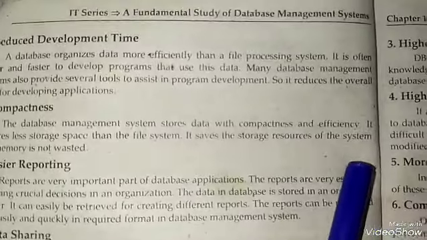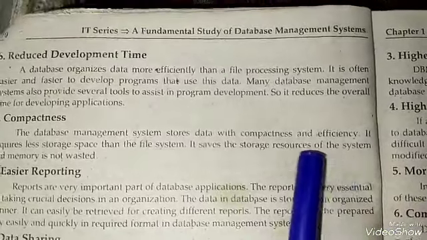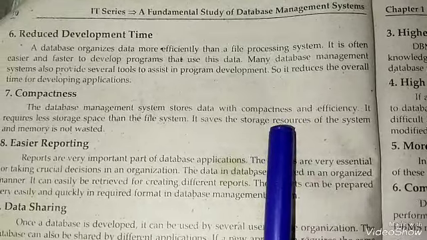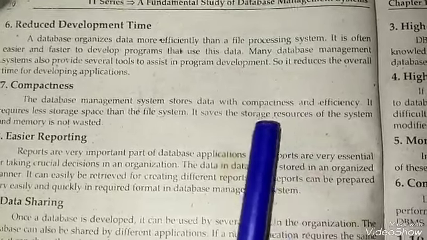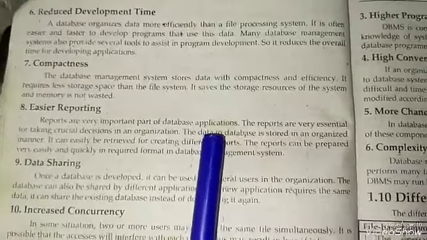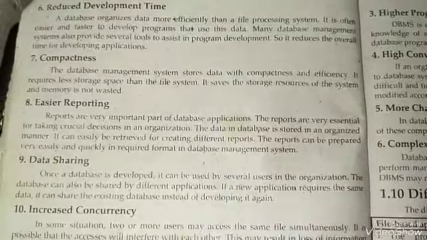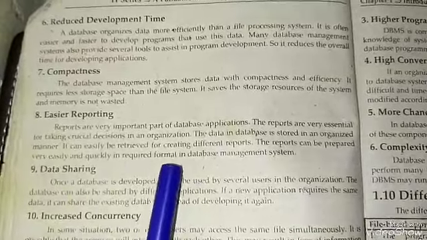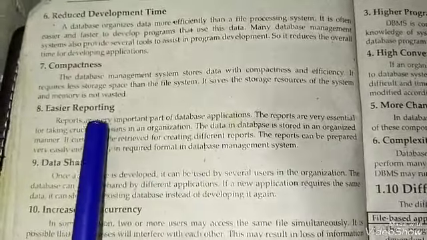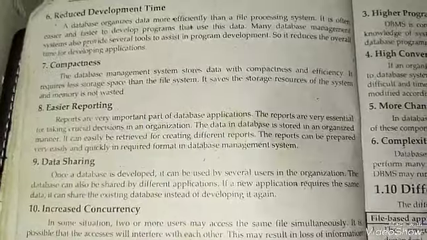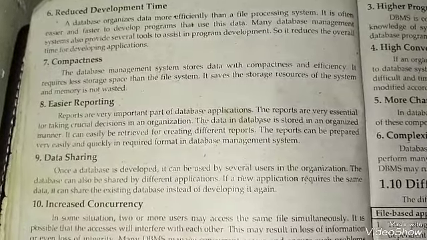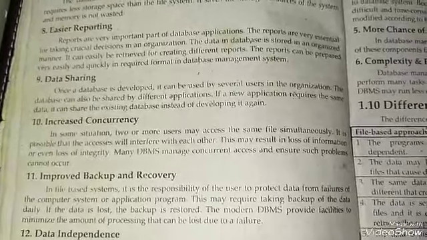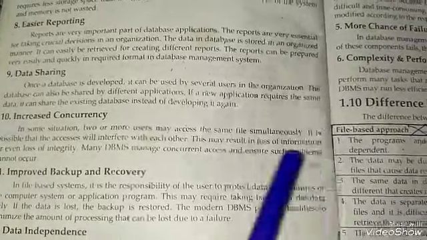Reduce development time. A database organizes data more efficiently than a file processing system. It is often easier and faster to develop programs that use this data. Many database management systems also provide several tools to assist in program development, so it reduces the overall time for developing applications.